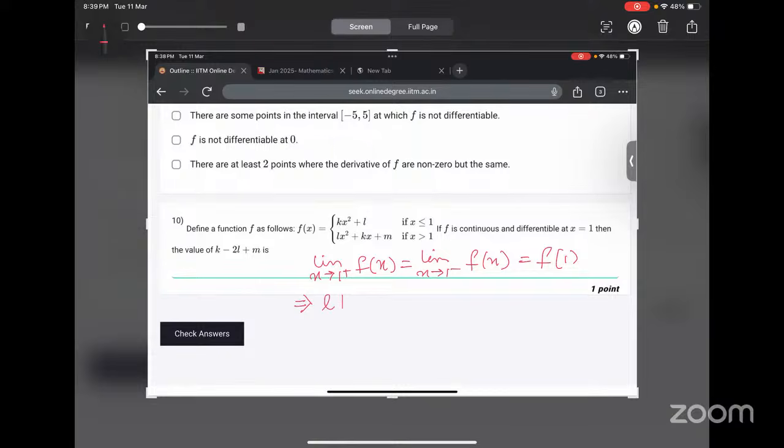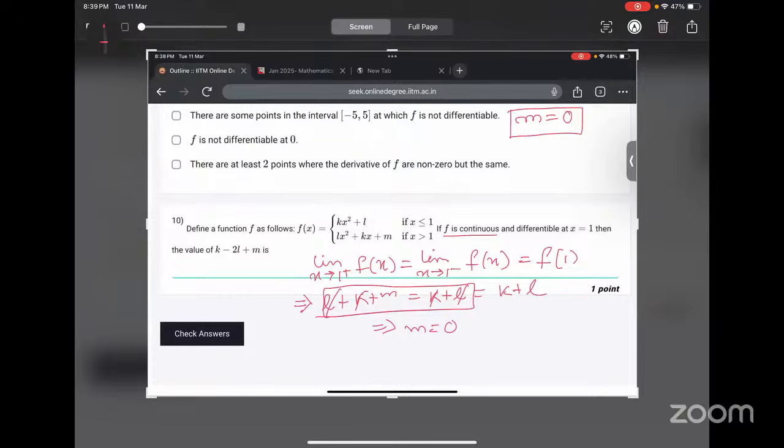And what is the left hand limit? K plus L. And what is f of 1? K plus N. Correct. Now K plus L will be cancelled out, so we get M equals 0. We have used our first hint and got the value of M as 0.